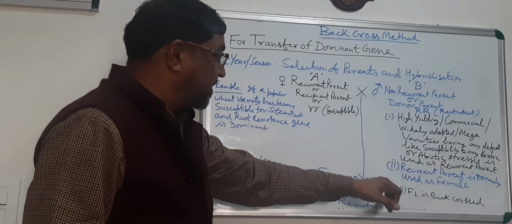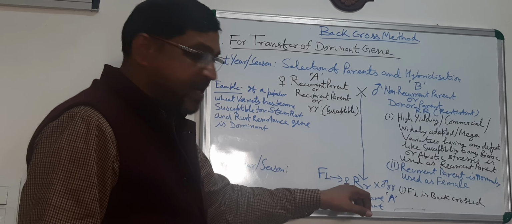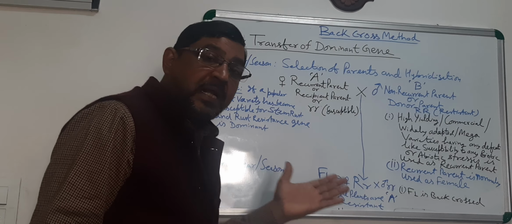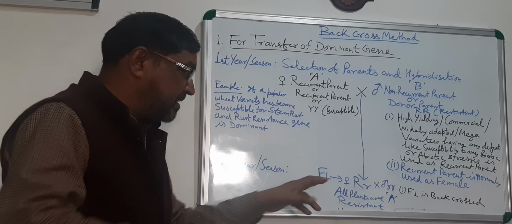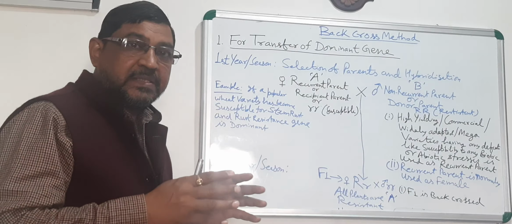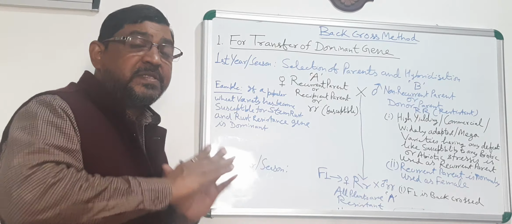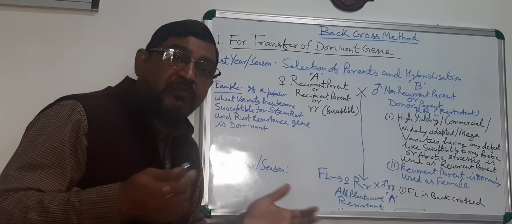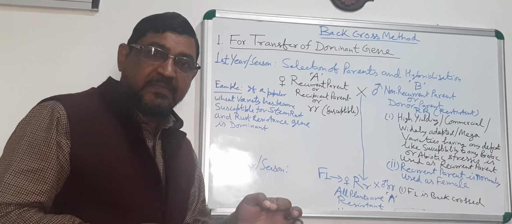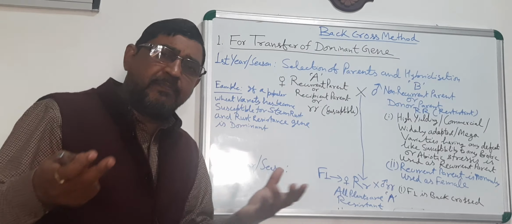Now you emasculate this F1 hybrid. Here I want to tell you that in F1, all the plants are heterozygous, capital R, small r, but all are homogeneous, meaning all plants are showing resistance to stem rust. So there is no need of selection. You take any plant, any panicle, a single panicle is enough.